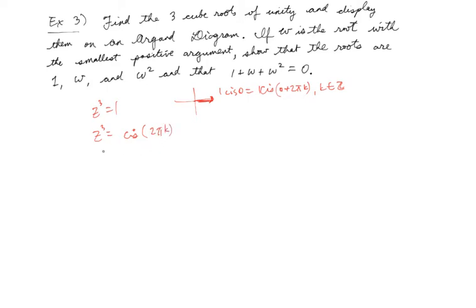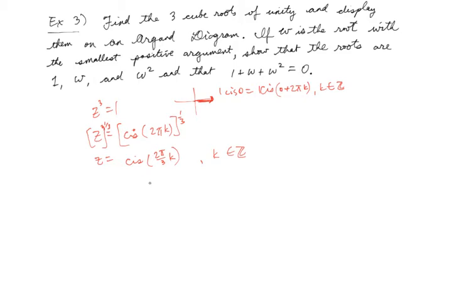Okay, now let's take the cube root of both sides. If I raise both sides to the 1/3 power, we would end up with z equals cis of 2 pi over 3 times k, where k is an integer.